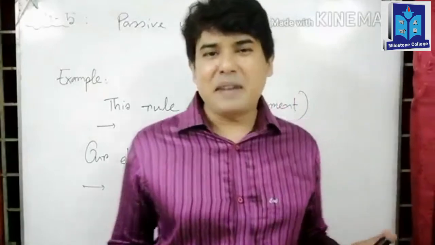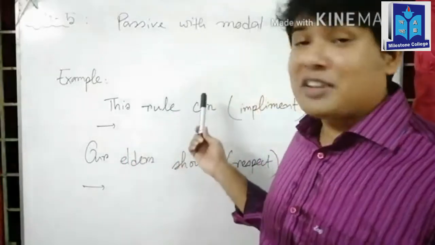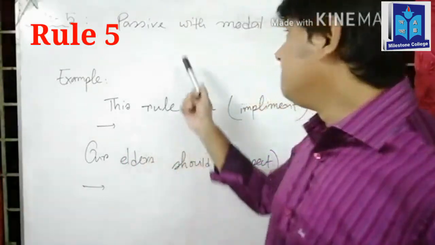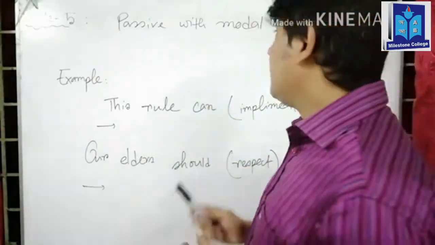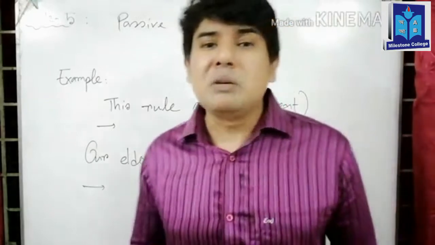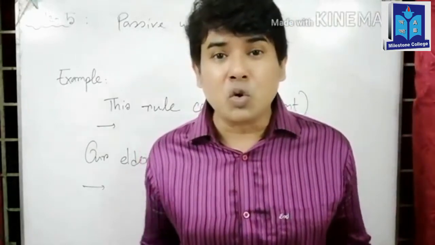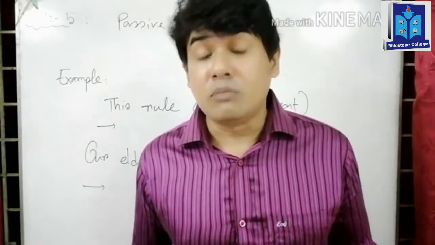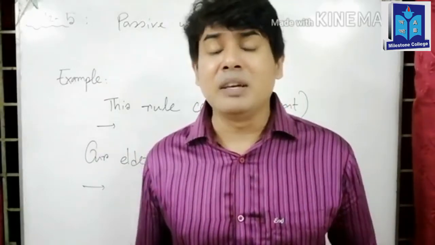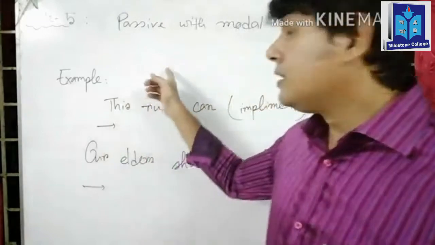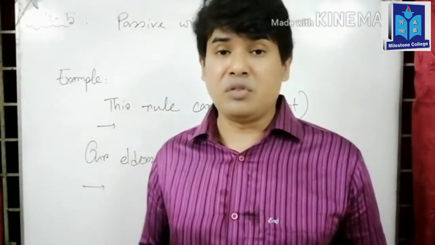We are again in passive voice, but this time in a different way. You know, we have already learned the structure of passive voice, and you know the modals: can, could, may, might, shall, should, will, would. These are called modal auxiliary verbs, and after every modal auxiliary verb we usually give the base form of the verb.